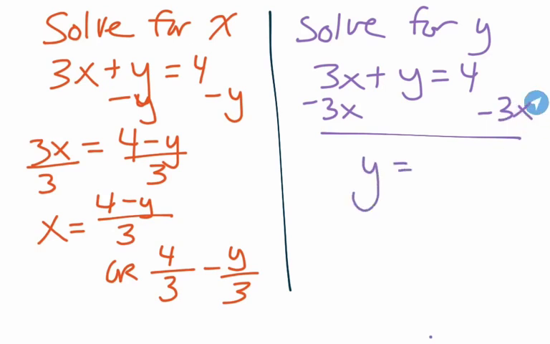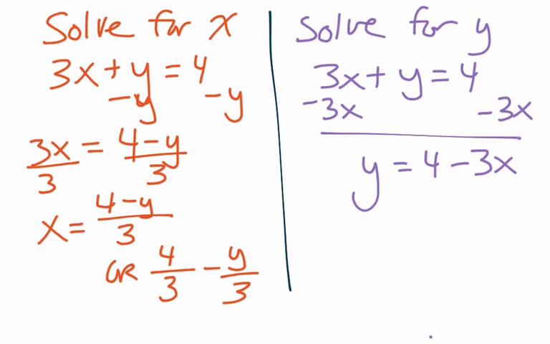And then, just like in the last case, you don't have a value for that x, so you can't go 4 minus 3 is 1. The 4 is just a 4. The 3 is being multiplied by some number, and we don't know what that number is. And so we can't just assume that that would be equal to 1x. We don't know what x is. And so the furthest you can take it is 4 minus 3x.